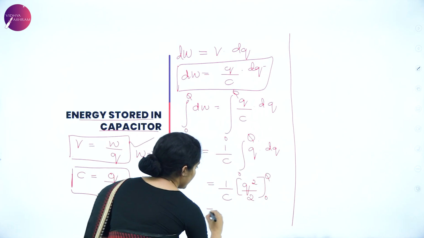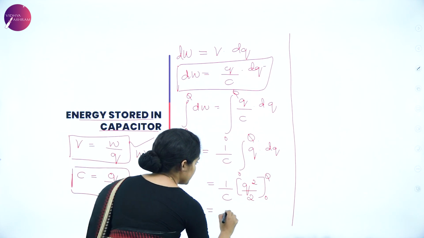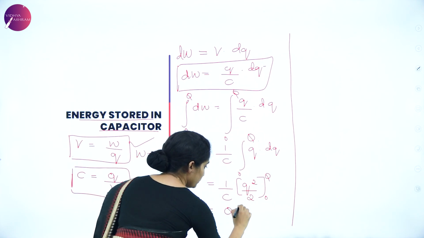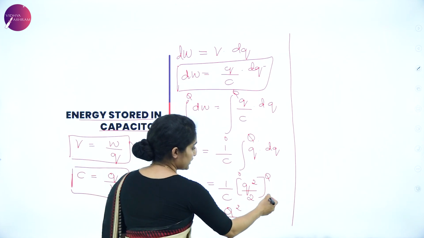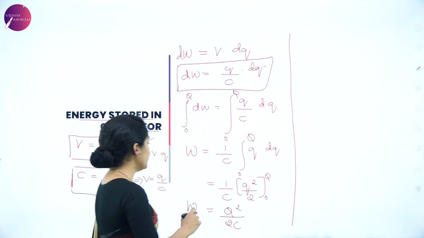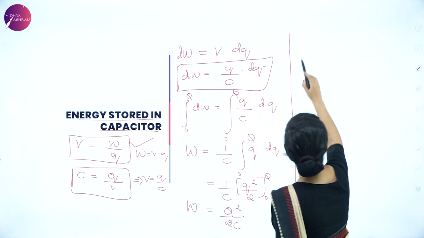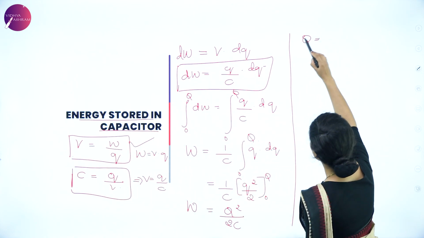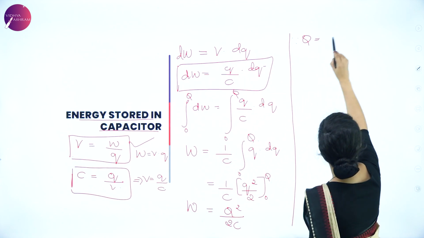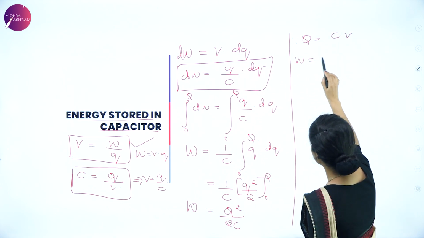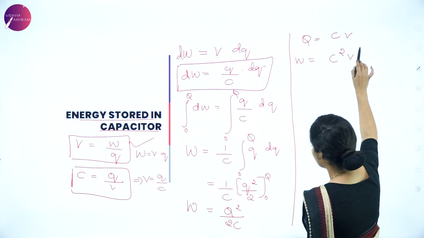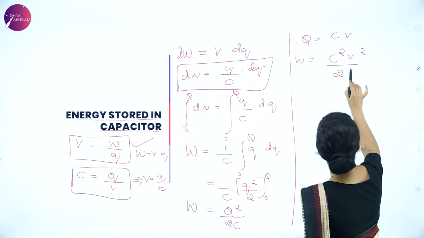Applying the limits 0 and Q, we have W is equal to Q square divided by 2C, because the rest of the terms come out to be 0. Now what is Q? Since Q is equal to C into V, we can write W is equal to C square V square divided by 2C.